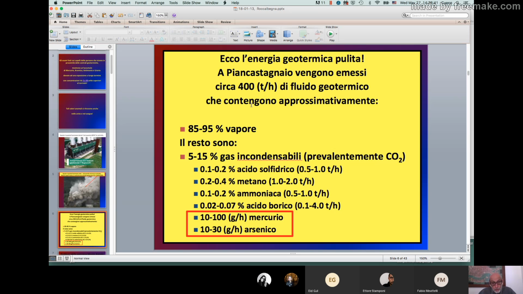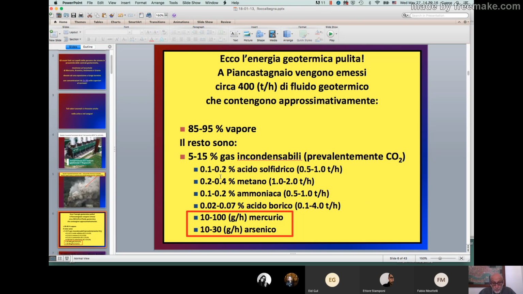Now, most of this fluid is vapor, but 5 to 15% are incondensable gases, which are mainly made of CO2. There is a very large amount of CO2 emitted, and we said this morning that the amount of CO2 emitted at Amiata is more than for the same energy production of a gas-fired combined cycle power plant.